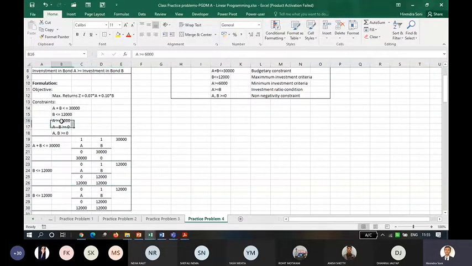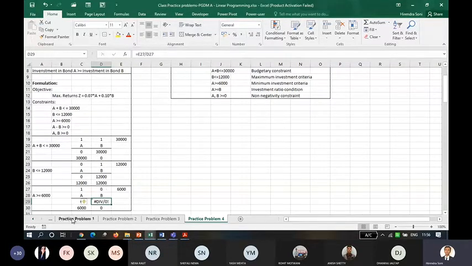Now the third one. I am doing this so that those who are not comfortable get a revision. Okay, so now here A will have a coefficient 1. What about B? Sorry, I should have copied this, it would have been better. A's coefficient would be 1, B would be 0, and this would be 6,000. So here we can have 0.